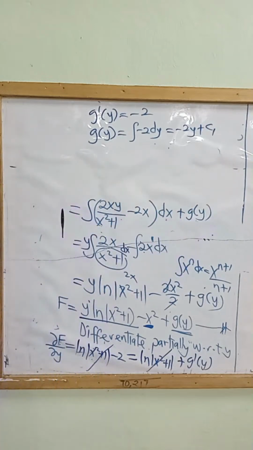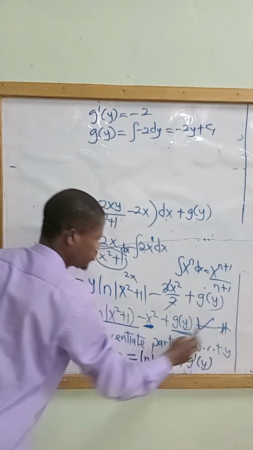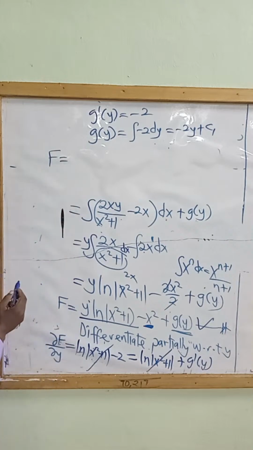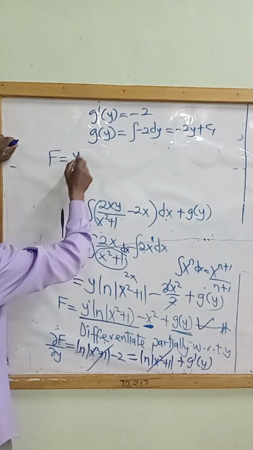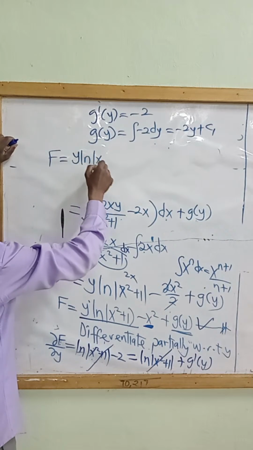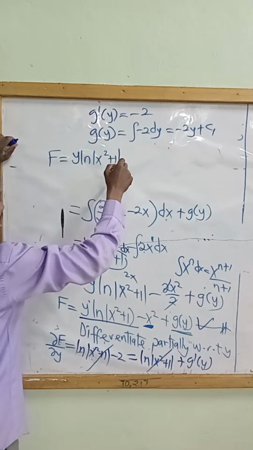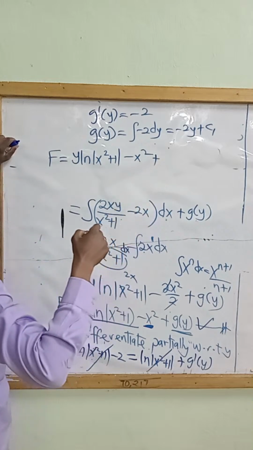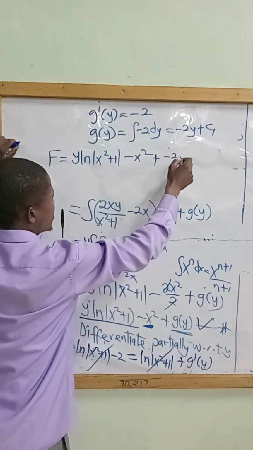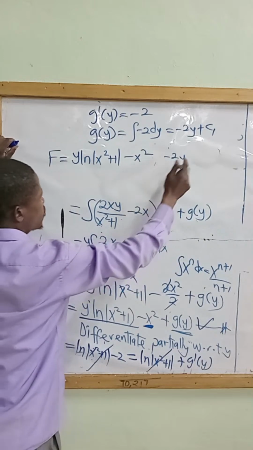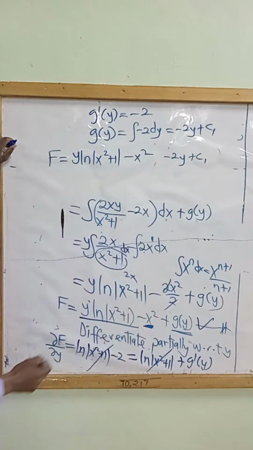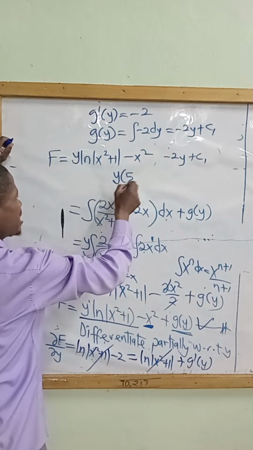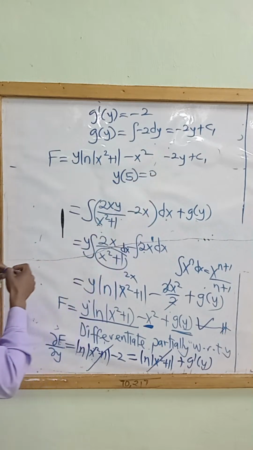So we now go back to this equation and substitute the g of y. So f is equal to y times the natural logarithm of x squared plus 1 minus x squared, plus my g of y, which is minus 2y, plus c1. And don't forget the condition given, y of 5 is equal to 0.